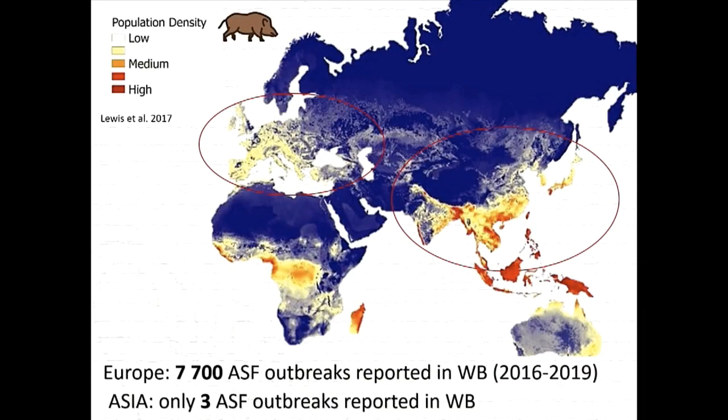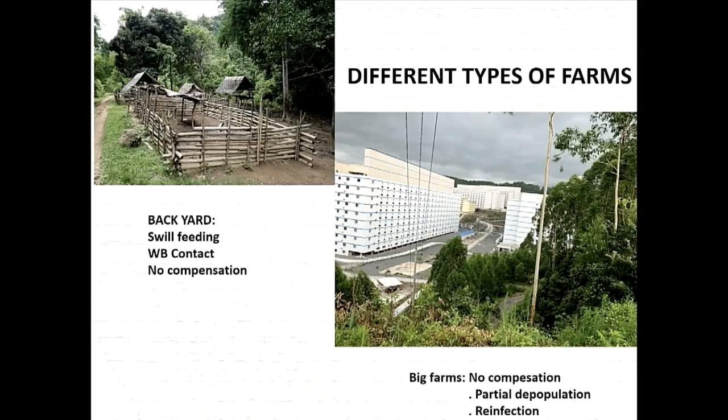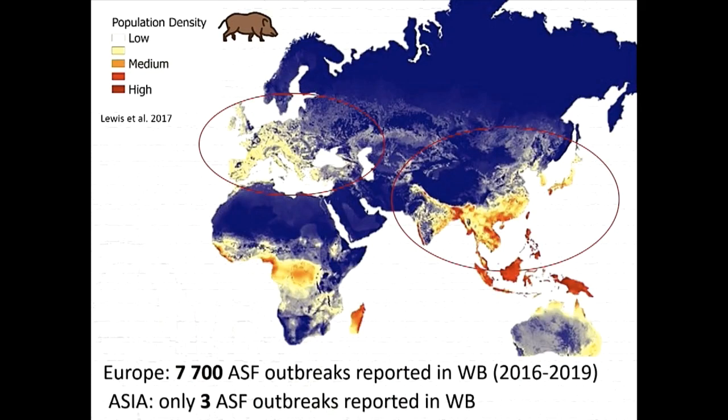The other point that is important to keep in mind, because it's going to be a big problem in the near future, is the wild boar. Look at Europe. In Europe we have more than 7,700 outbreaks related directly to wild boar. In Asia, only 3. But if you look at the map of abundance, here in red, you can see that the amount of wild boar that Asia has is a lot higher than the European wild boar population.